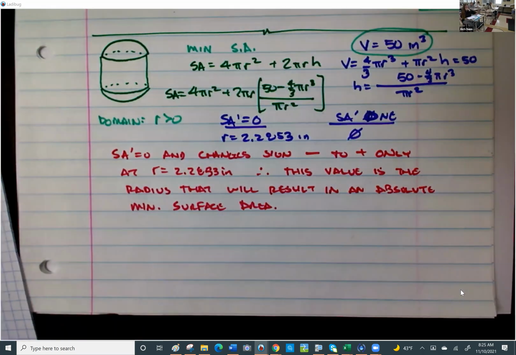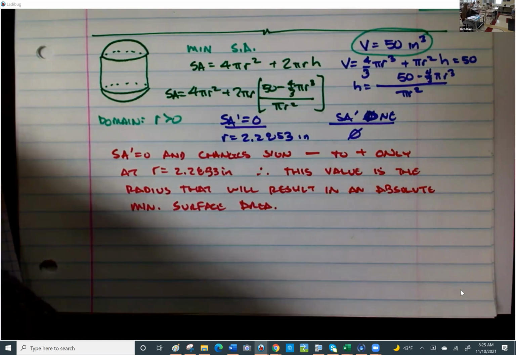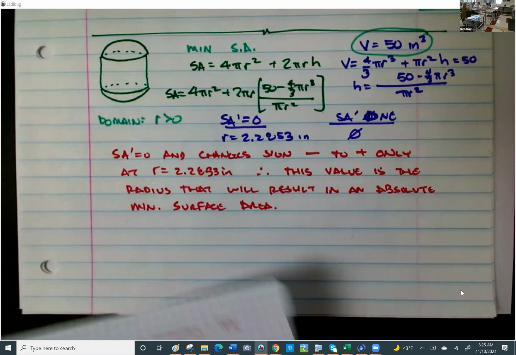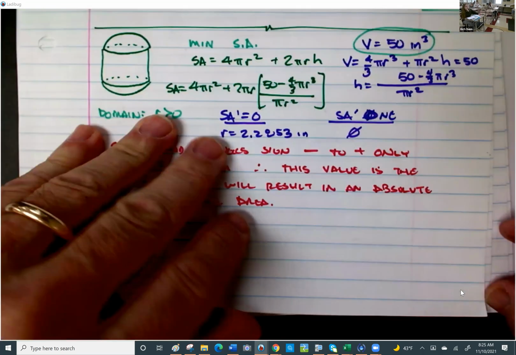Next one says find the point on the curve that is closest to 0, 7. Okay. So let's find a point on our curve that's closest to 0, 7. So what do we have here?